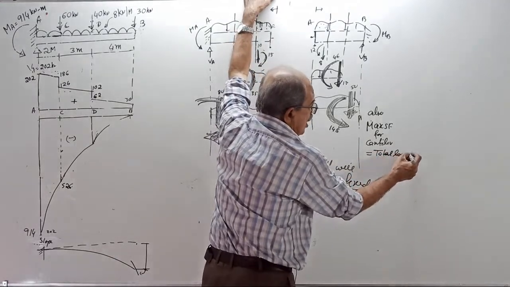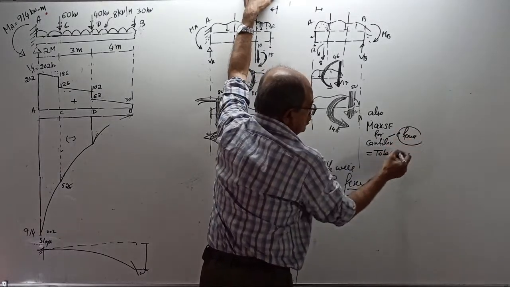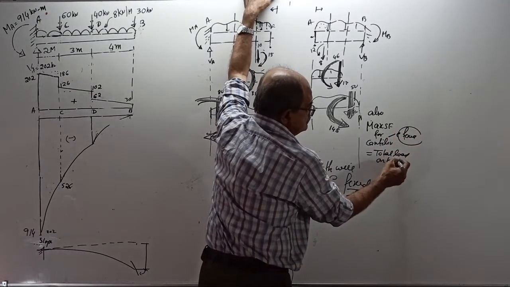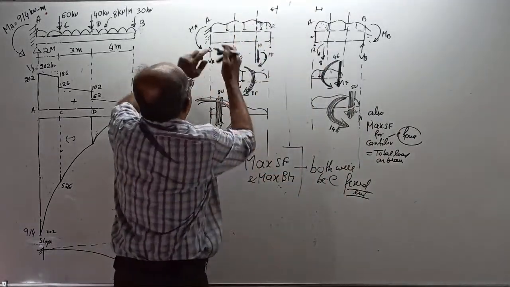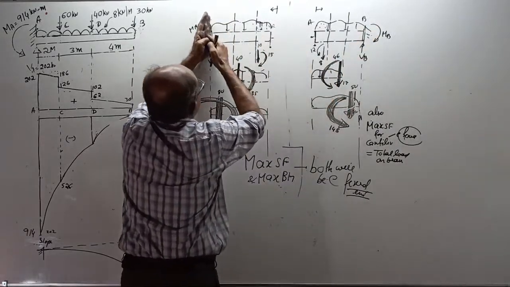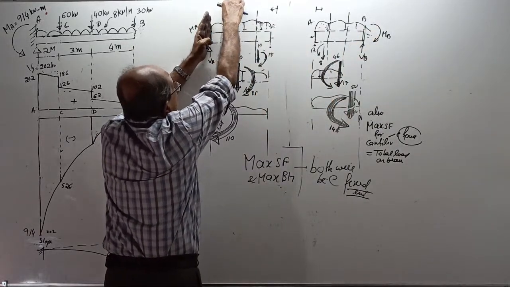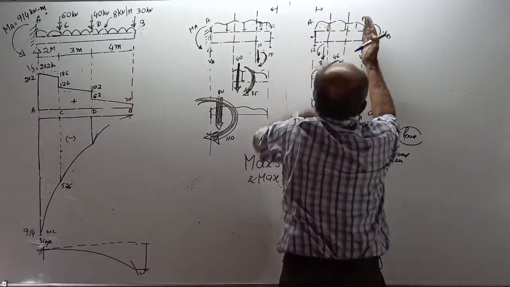This will be at fixed end. Total load on beam will try to shear here. I told you, as you come here, the entire load will try to shear here.